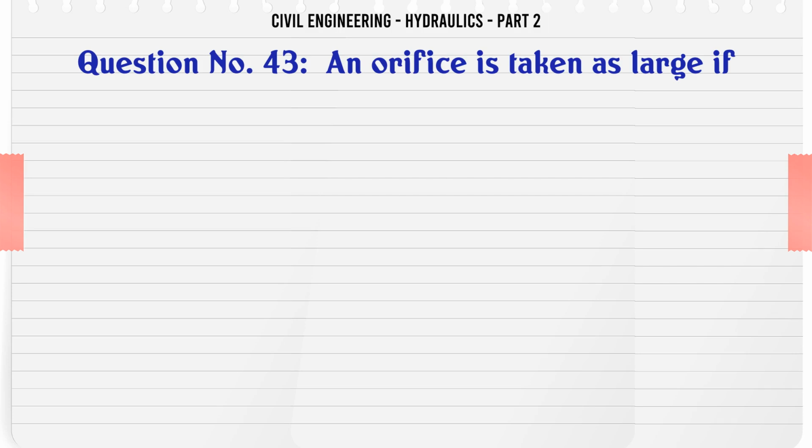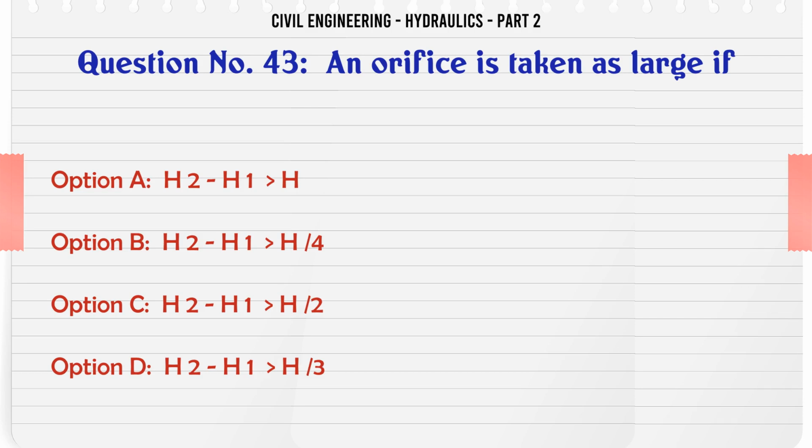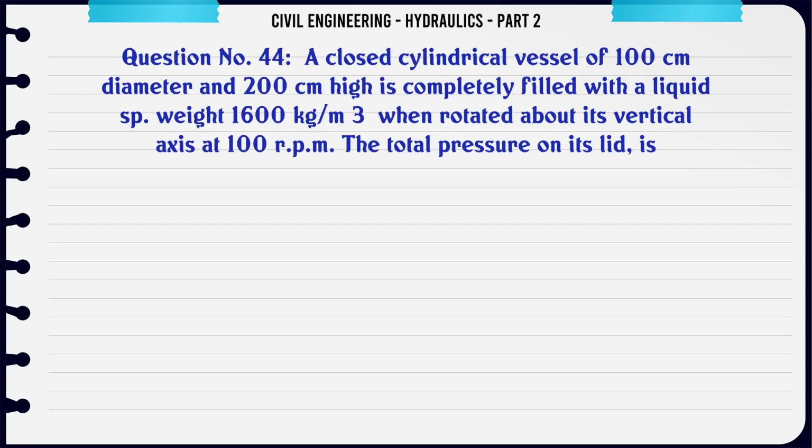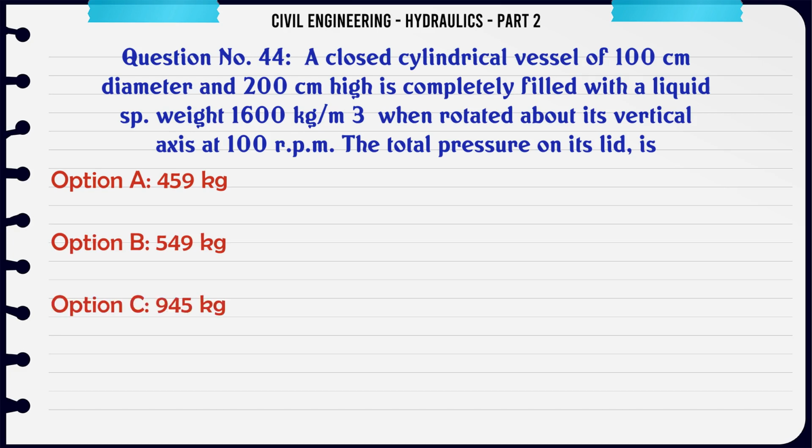An orifice is taken as large if A. H2 H1 H, B. H2 H1 H/4, C. H2 H1 H/2, D. H2 H1 H/3. The correct answer is H2 H1 H/3. A closed cylindrical vessel of 100 cm diameter and 200 cm high is completely filled with a liquid of specific weight 1600 kg/m3 when rotated about its vertical axis at 100 rpm.